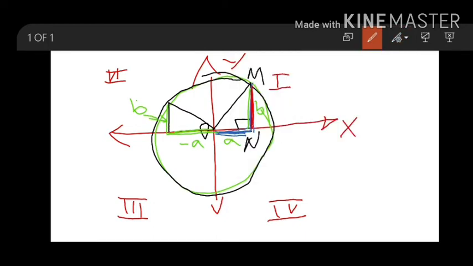In the same way, let me draw another right triangle with the same measurement.